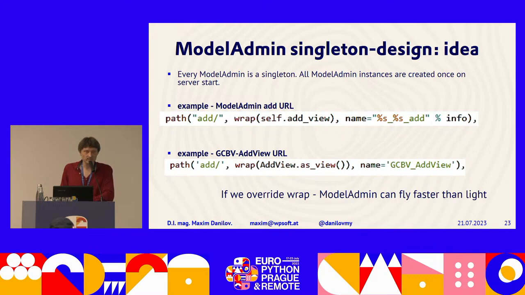Okay, the big problem, about this problem I have talked many times: every model admin is a singleton. I know what singleton means. It means we always have in our project only one instance of model admin. Why is this a problem? If I compare model admin and the generic class-based views paradigm from Django, in this paradigm, on every request, we create a new instance of the view.